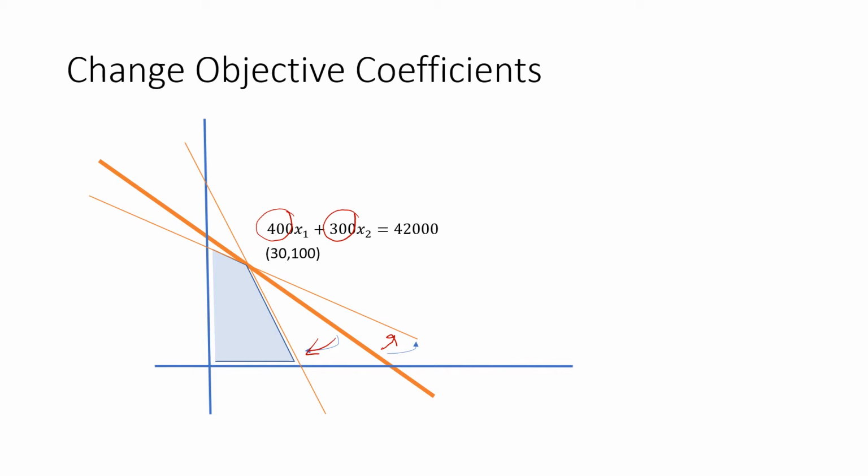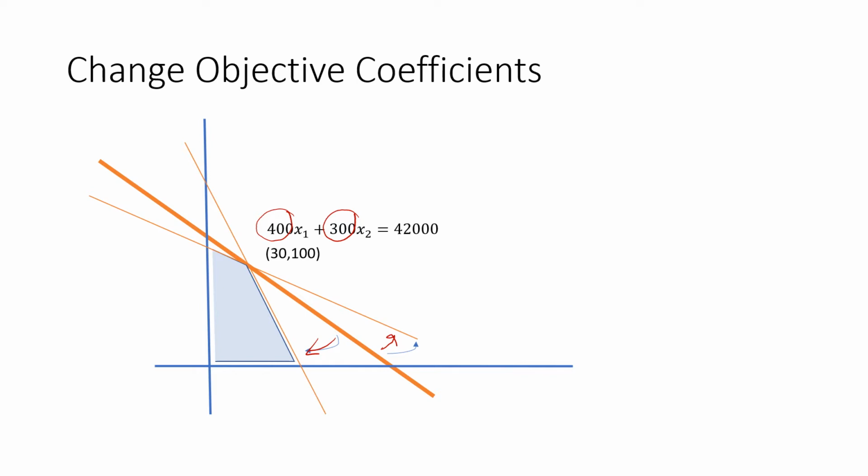And you can see by looking at this in 2 dimensions, that so long as you pivot it and it doesn't go past parallel with one of your binding constraints, then the point where the optimum value occurs doesn't change.